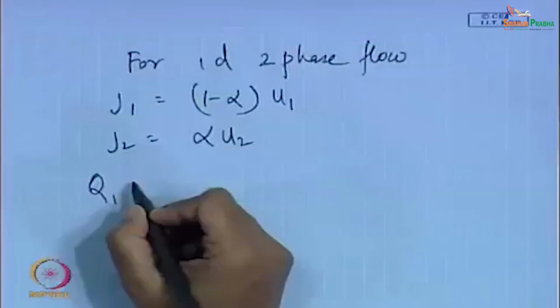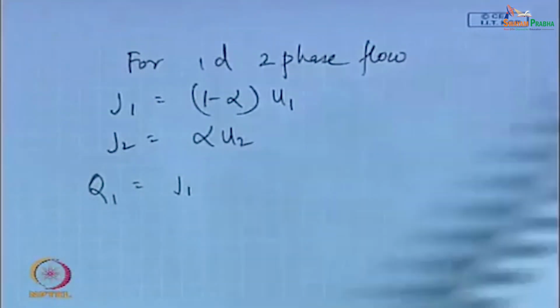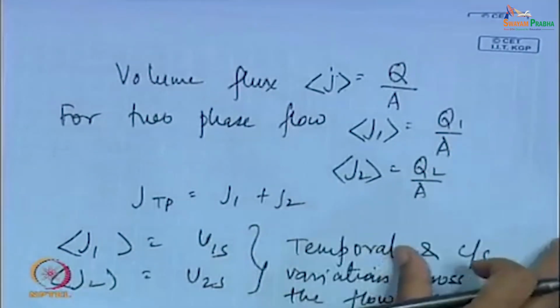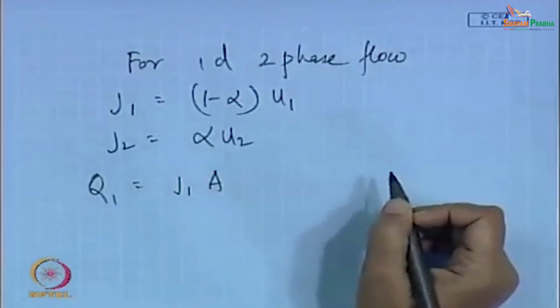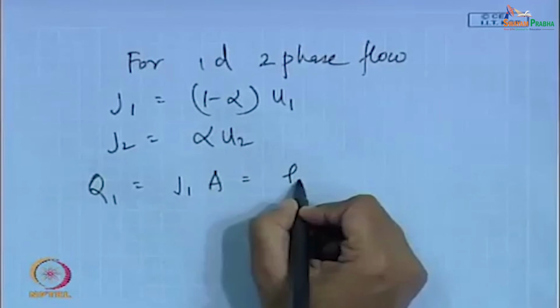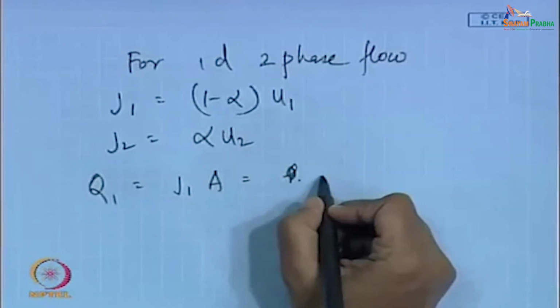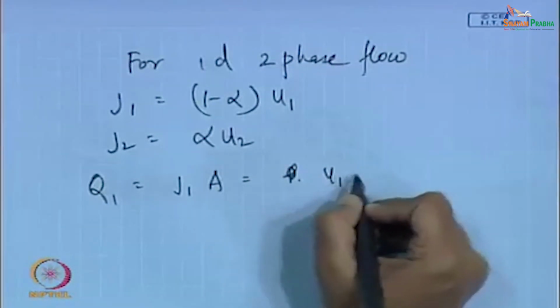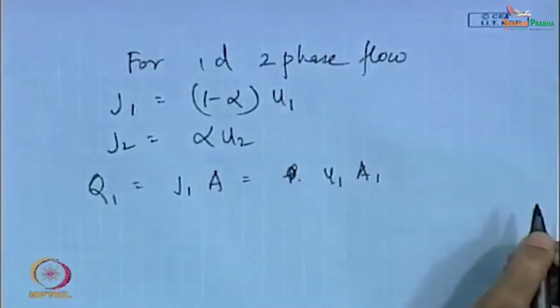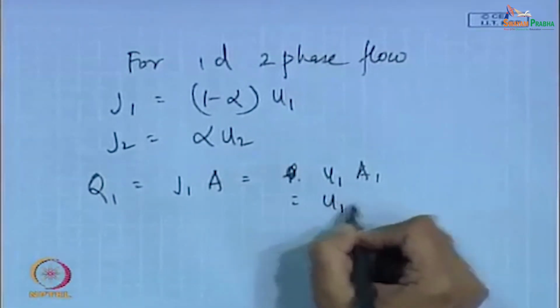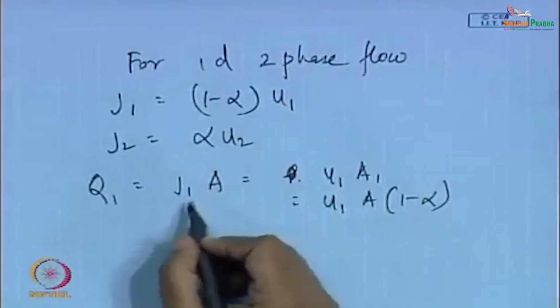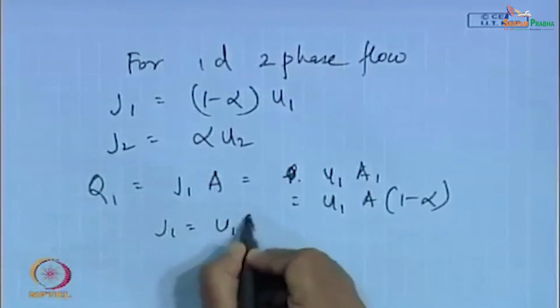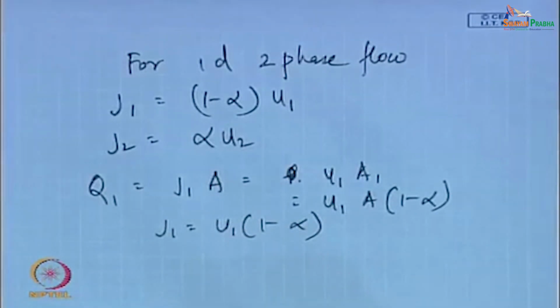What is Q1 equal to? From the basic definition which I have shown, Q1 equals J1 into A, fine. This is equal to, very sorry, U1 into A1, agreed. What is A1? It is A into 1 minus alpha. So, therefore, J1 equals U1 into 1 minus alpha, agreed.